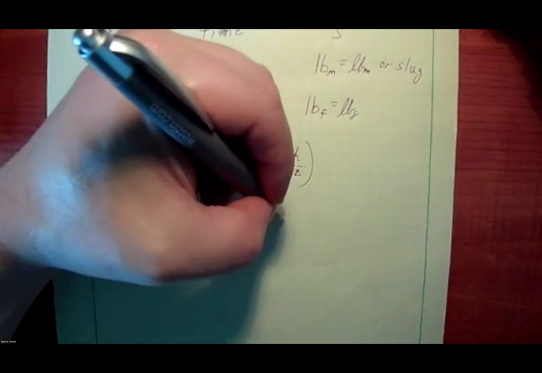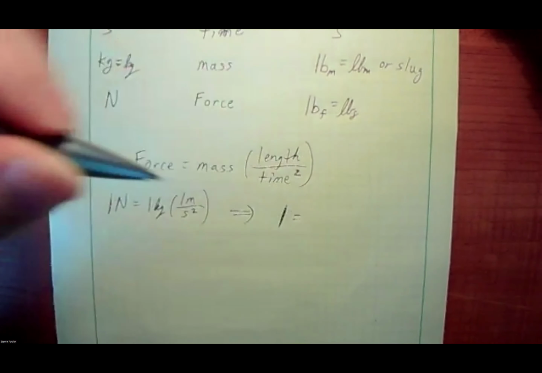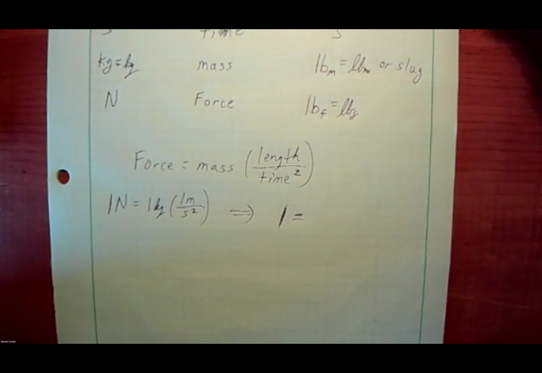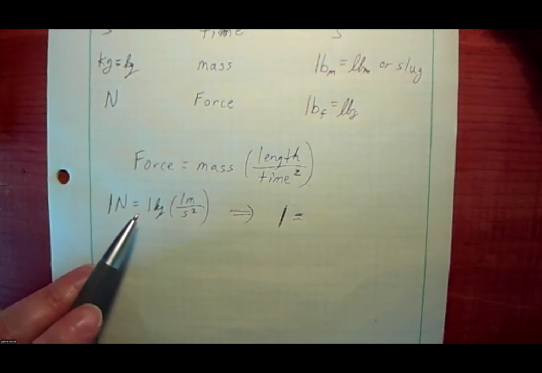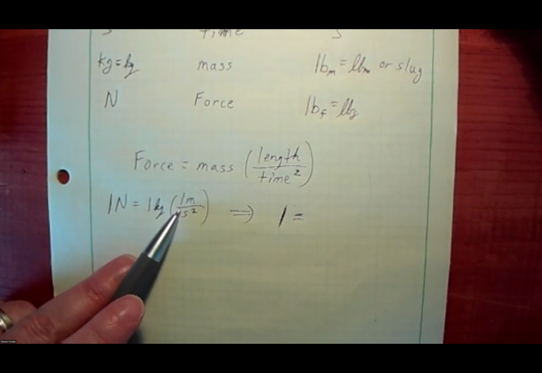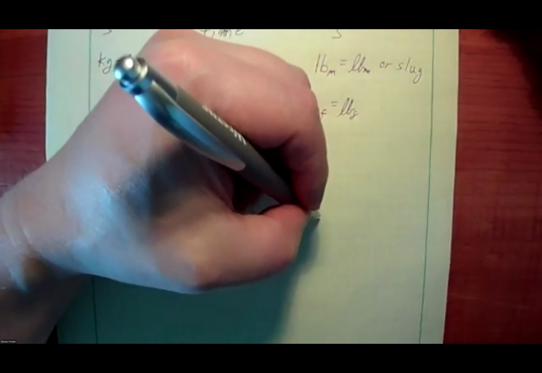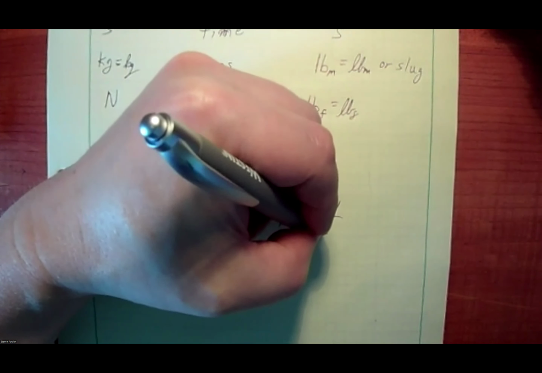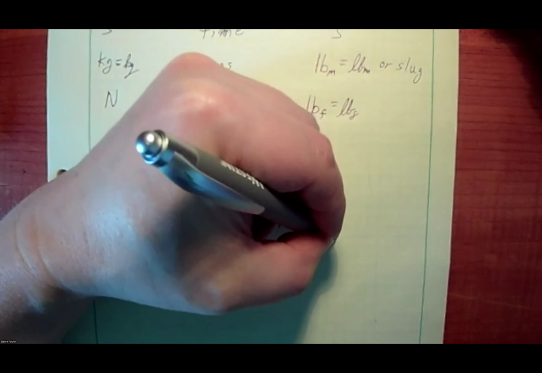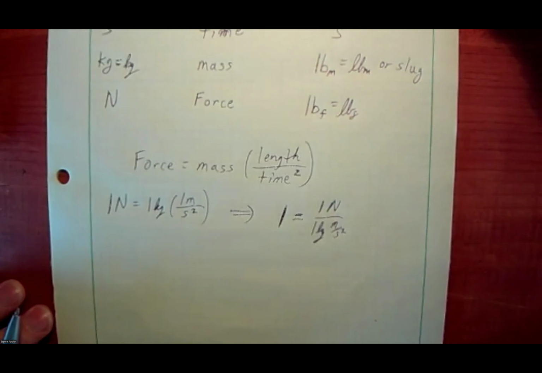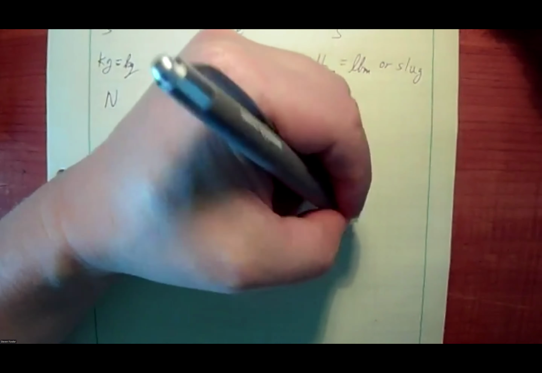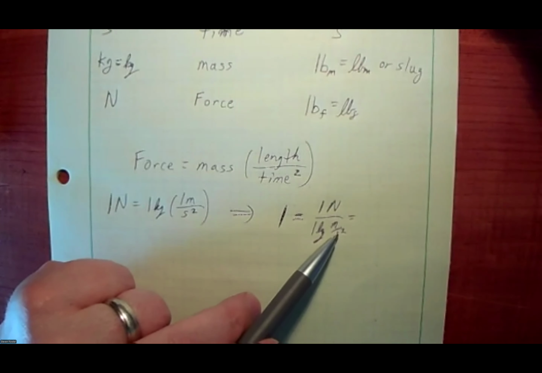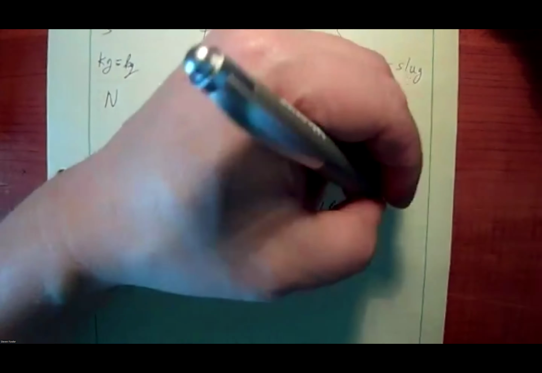If I'm to write this as a conversion factor, it is a quantity that's equal to 1. So if I solve this for 1, I'm going to move basically everything on this side of the equation over here. So 1 is equal to 1 Newton divided by 1 kilogram meter per second squared, which is a complex fraction, so the denominator of the denominator can go to the numerator.